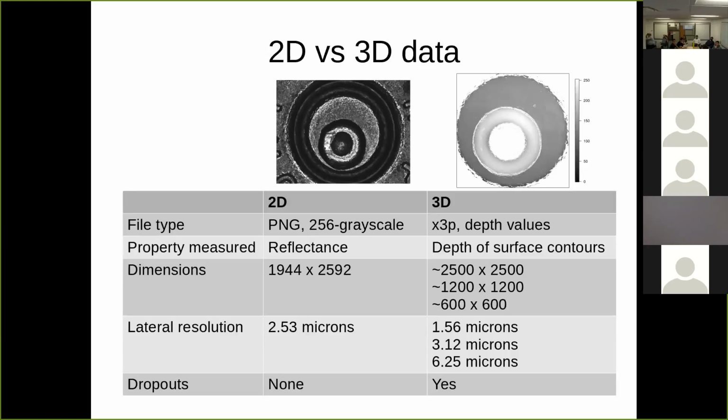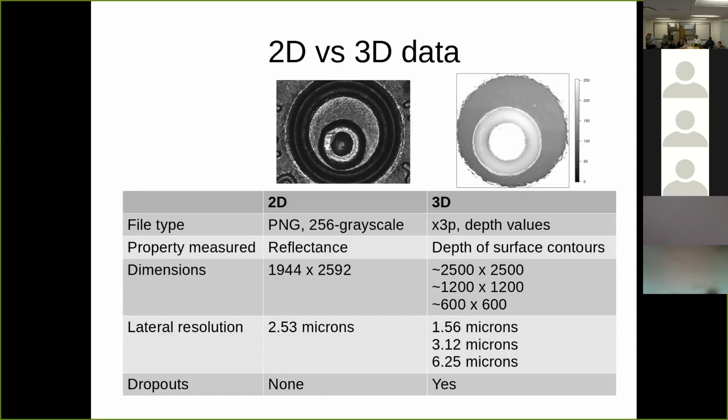For the 3D data, these are in X3P format, and instead of grayscale values, we have depth values in microns. The example I have up here is 0 to 250 microns, and that's a fairly typical range of values we would get. X3P just means we have this matrix of depth values, and then we combine it with some metadata in a particular format, and that makes the X3P file.